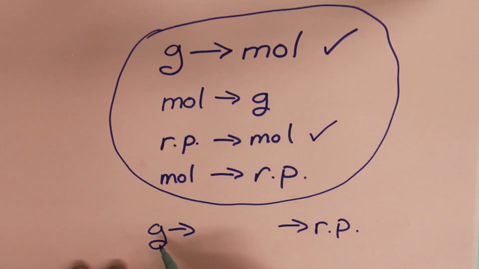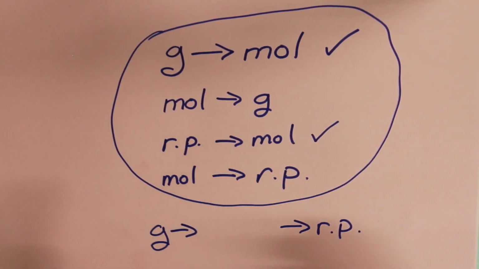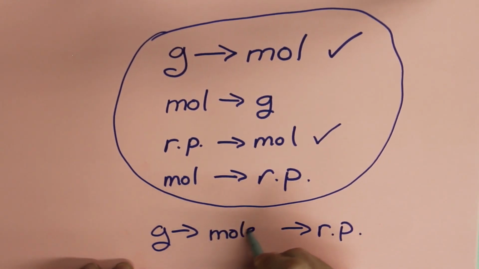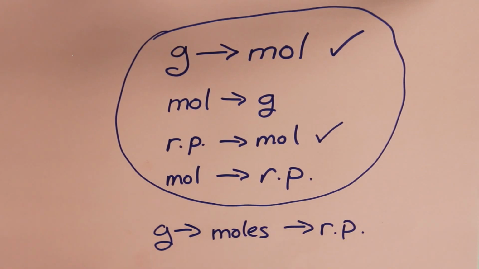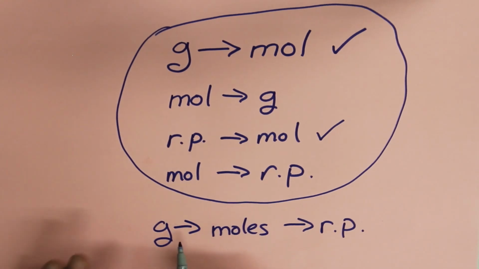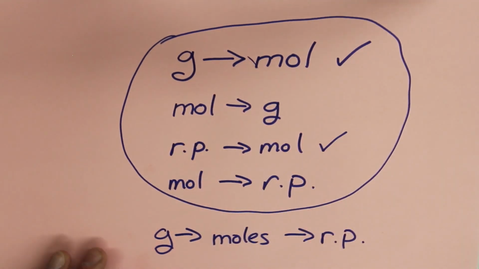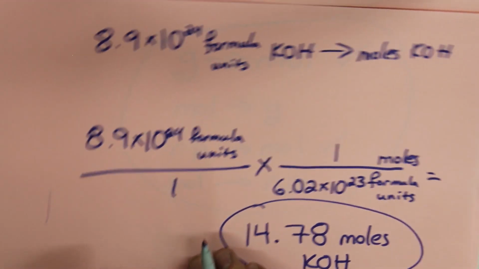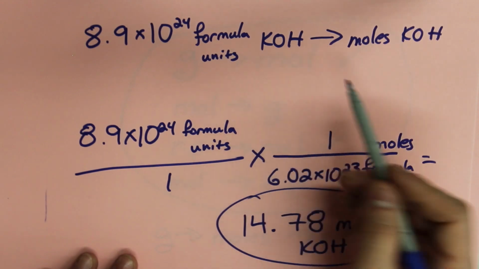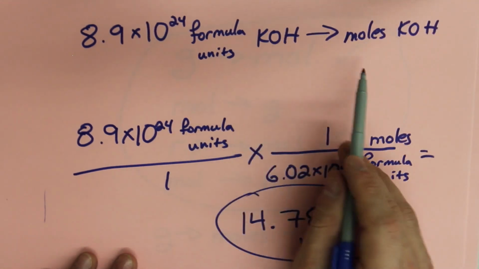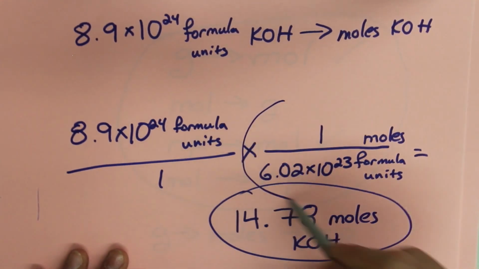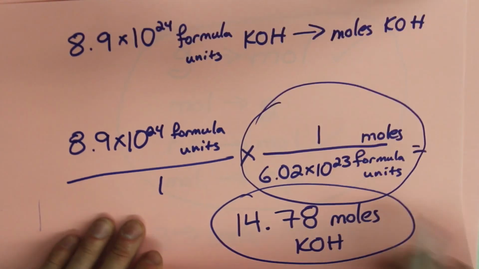So it's almost like we have a brother and we have a sister fighting. We need someone in between, someone to get in between this fight, and guess what? That someone is moles. Okay? So in this one, these are going to be 2-step problems. If you notice, all these have one arrow, which if we look over here, we have one arrow going straight from formula units to moles, so it required 1 conversion factor.